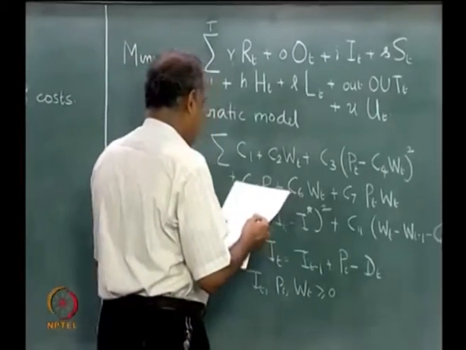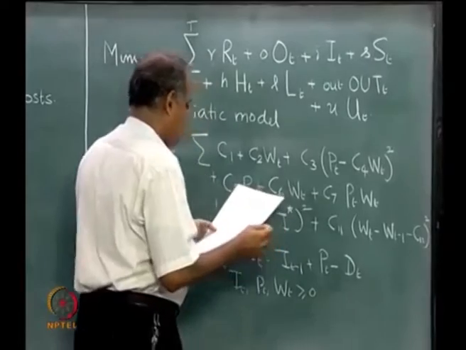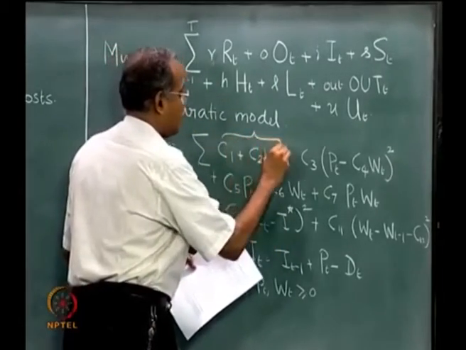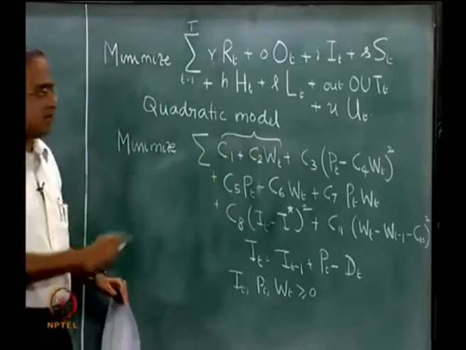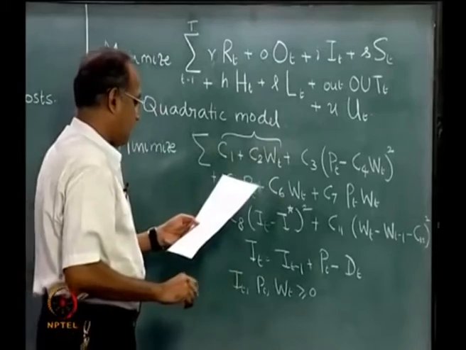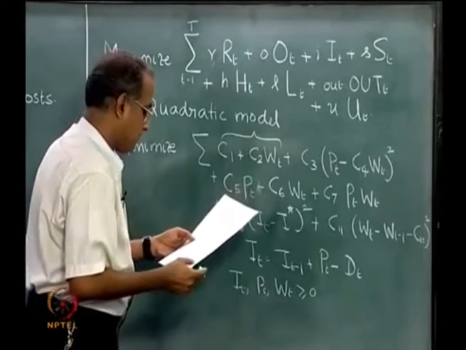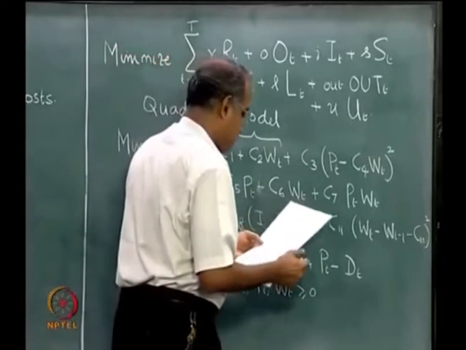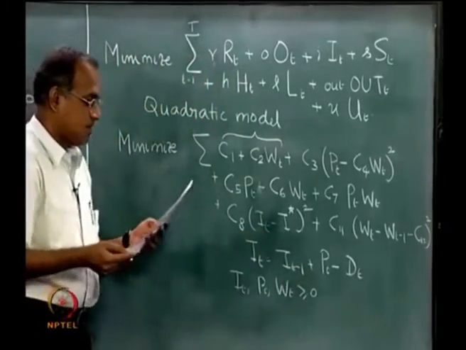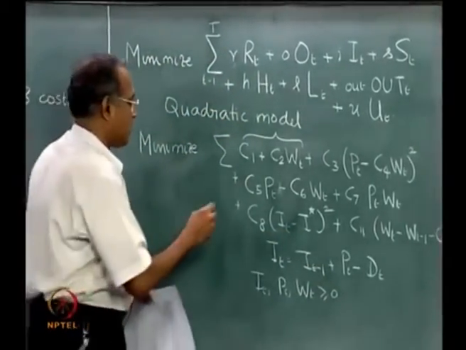Now, one is regular time payroll cost. There is a fixed component and a variable component. Now, there is an overtime cost, there is an inventory cost, and then there is a workforce changeover cost.